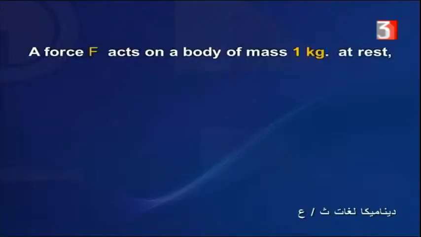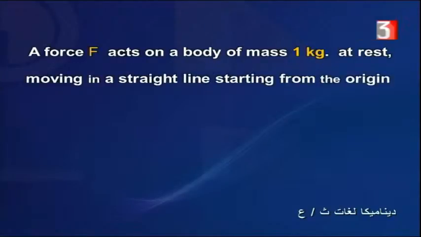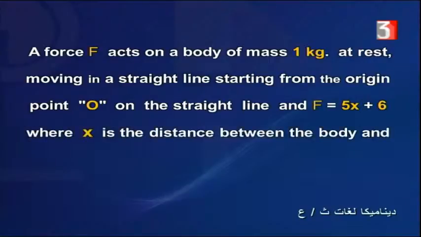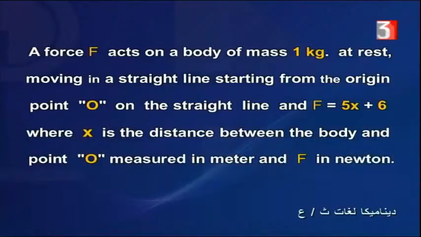Another example. A force F acts on a body of mass 1 kilogram at rest, moving in a straight line starting from the origin point O on the straight line. And the force F equals 5x plus 6, where x is the distance between the body and the point O measured in meter and F measured in Newton.